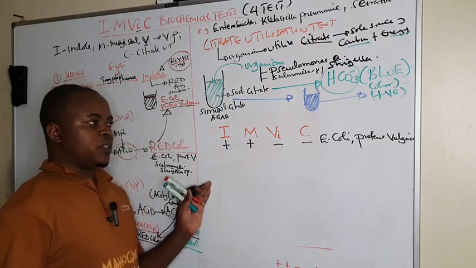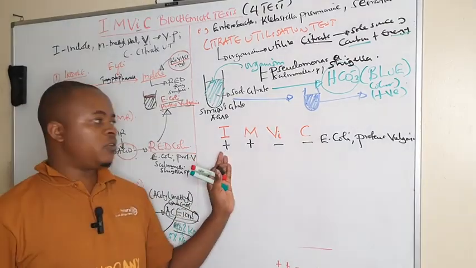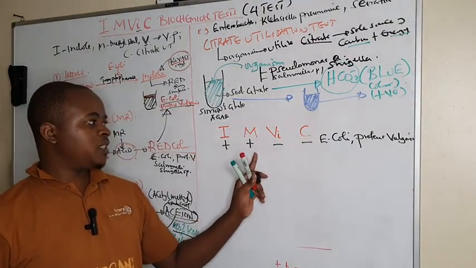These are the two organisms which we can isolate when they give positive indole, positive methyl red.